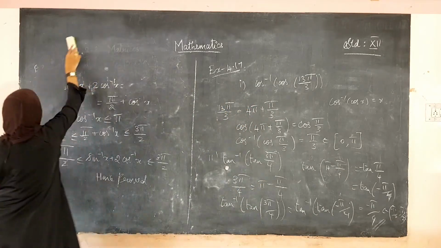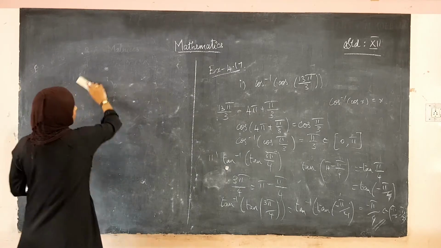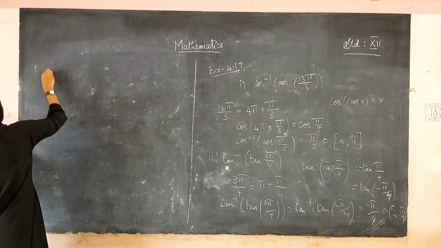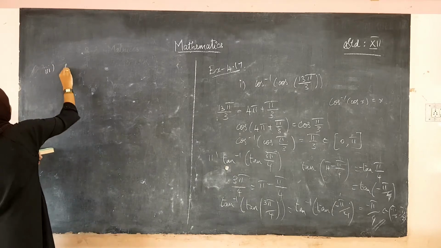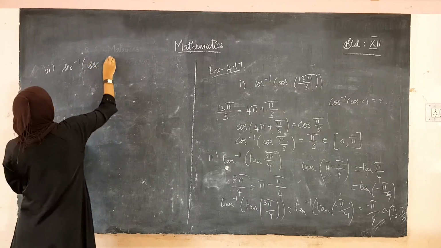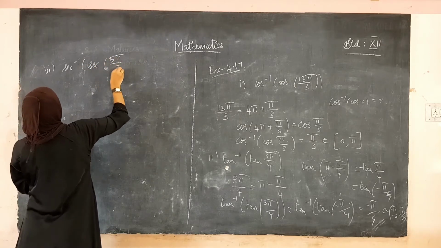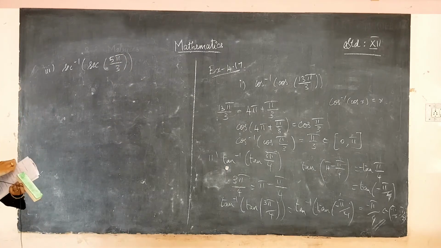The next subdivision. What is the next subdivision? Secant inverse of secant of 5 pi divided by 3. Similarly, we have the property secant inverse of secant of x is equal to x.